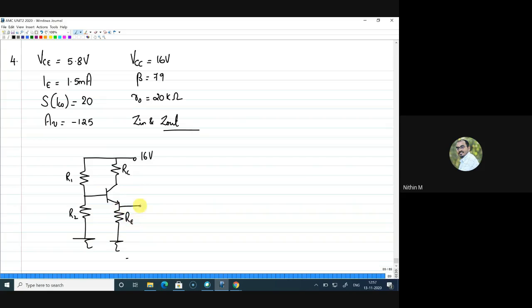Now, since it is given that it is a common emitter amplifier, I am using all the coupling capacitors and bypass capacitors, and connecting the source signal here. I'll call this V signal, and this is the point where we take the output. Right. So this is the circuit, and now the beta of the transistor is given as 79.